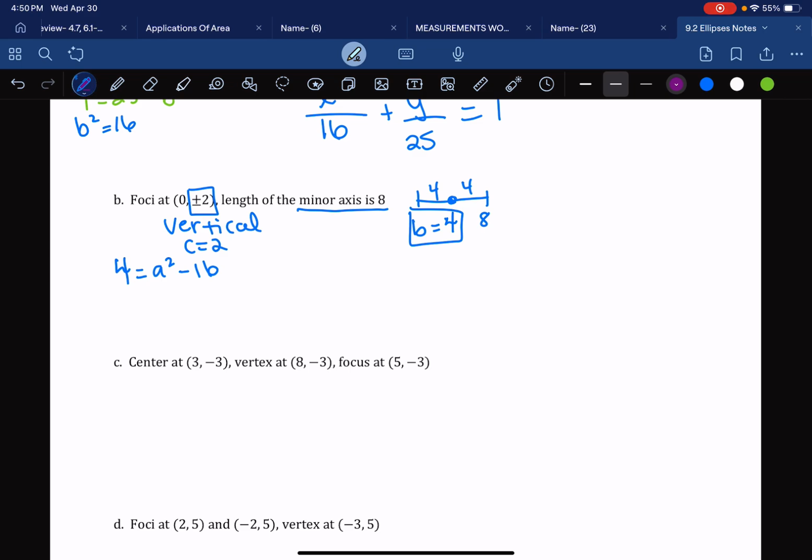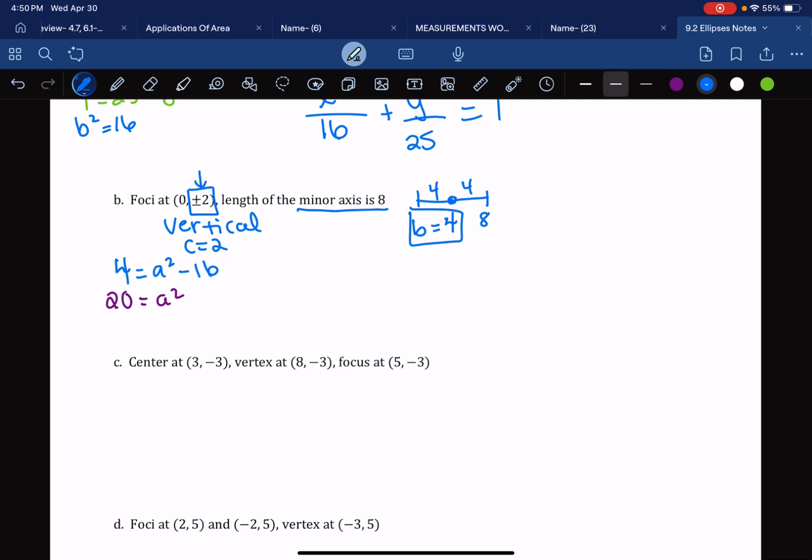So add 16 to the other side, I get 20. Square root of A, once we simplify it, oh, we don't have to, I'm being silly. We should stop there because A squared is part of the equation.